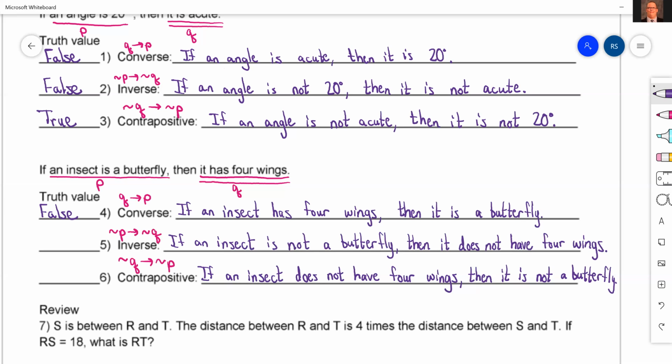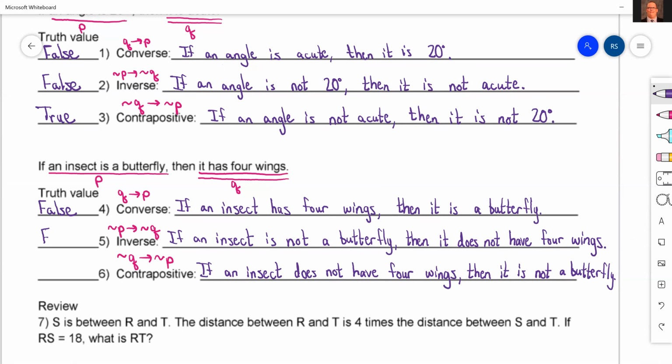The inverse. If an insect is not a butterfly, then it does not have 4 wings. Again, it could be a dragonfly. So it's not a butterfly, but it'll have 4 wings. So this is false.